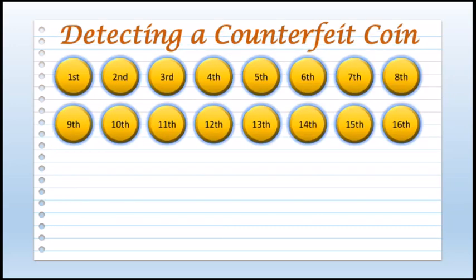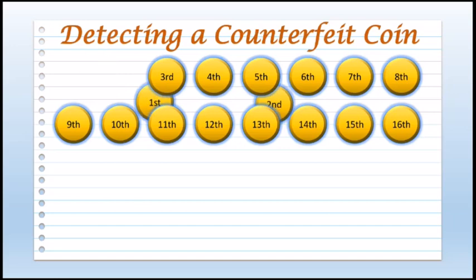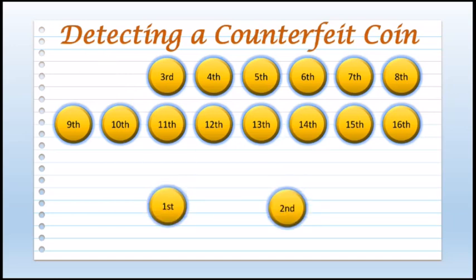Suppose these are the 16 given coins in a bag. Then we can find the counterfeit coin by comparing one coin with another. We can compare the weights of coin 1 and coin 2. If coin 1 is lighter than coin 2, then coin 1 is the counterfeit coin and we are done with our task.